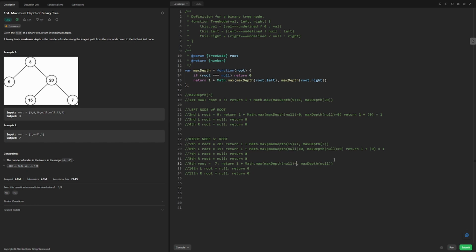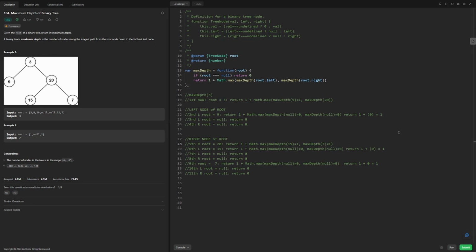Left is equal to 0. And the 11th step returns 0 as well. What's to the right of 7? Null. We can do the arithmetic, return 1 plus Math.max of 0 and 0, which means they're both equal to 0. So this equates to 1, so we can move up to here, root 7. This function is equal to 1.